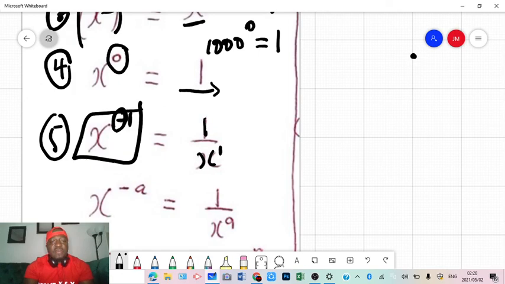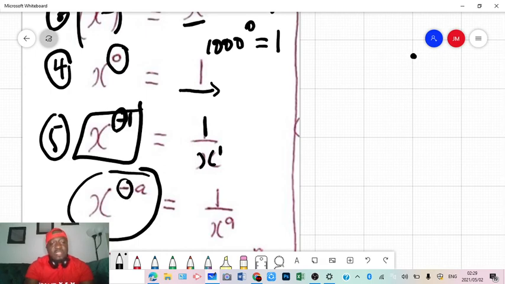The negative becomes a 1, which is an inverse of the original exponent. Hence, you change the negative sign to 1 and take the rest of the exponent without the negative sign as a denominator. Example, with a variable, take your negative as a 1 and the remainder, which is x to the power of a, becomes a denominator.